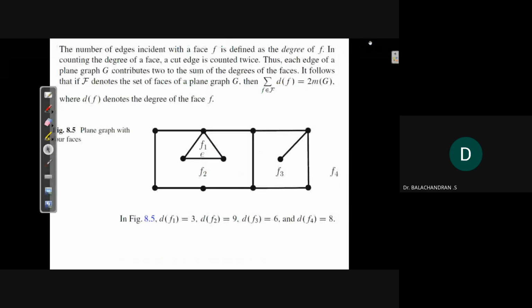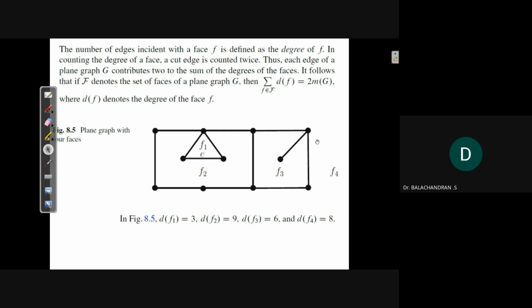That's why it's called a cut edge. So in counting the degree of a face, a cut edge is counted twice. So for F3, what is the degree of F3?